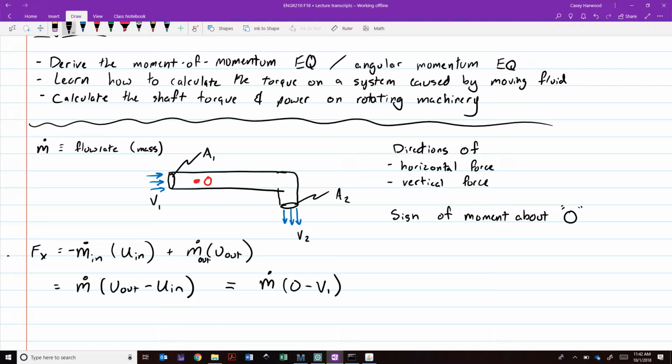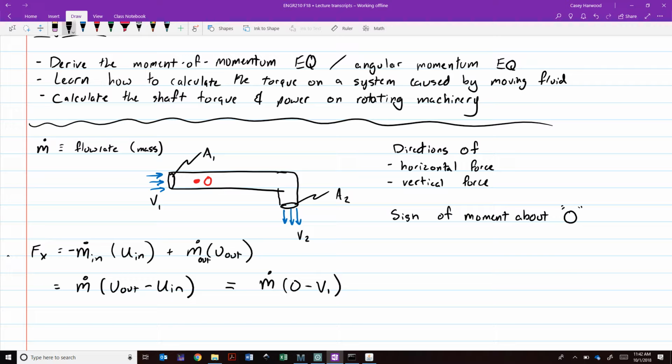This suggests that the force on the control volume, or the contents of the control volume, is directed to the left. It's negative. That's the force on the fluid flowing through. What's producing that force in this case? The walls of the pipe.